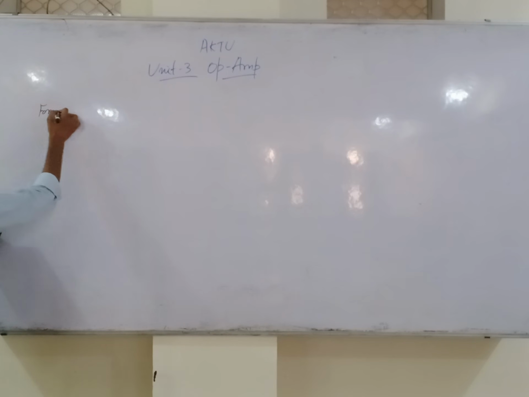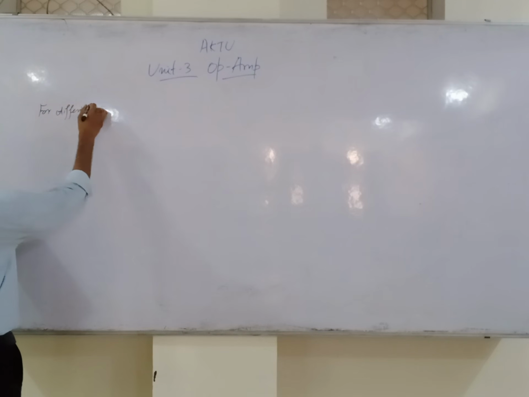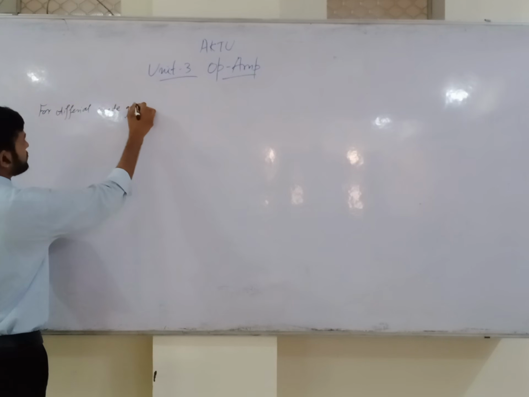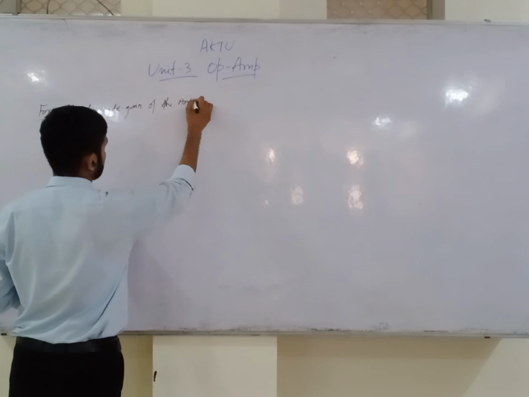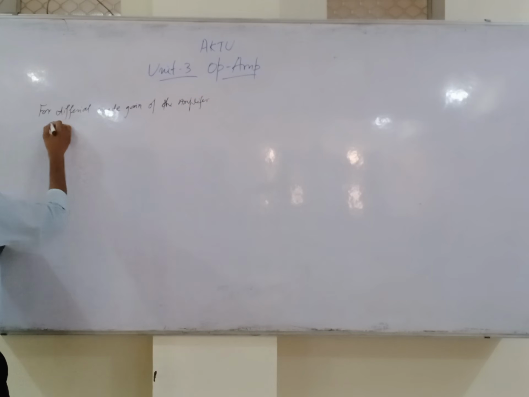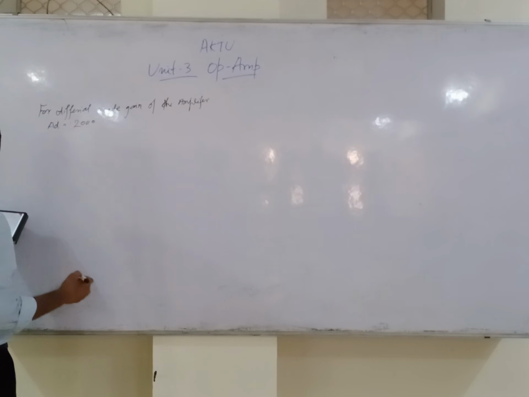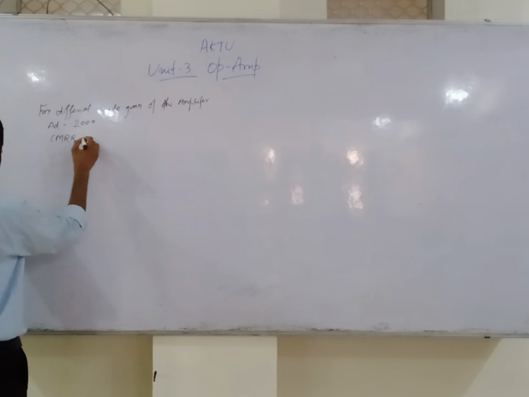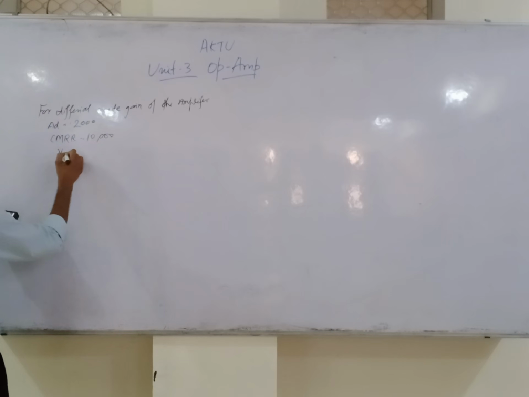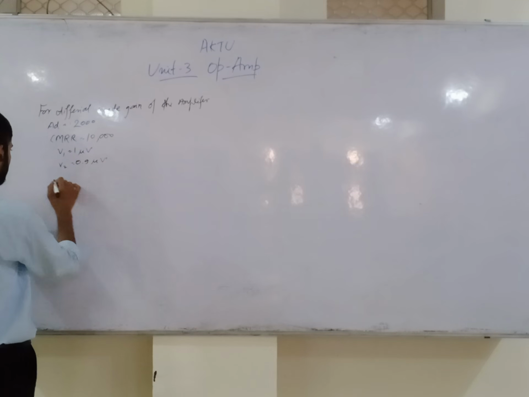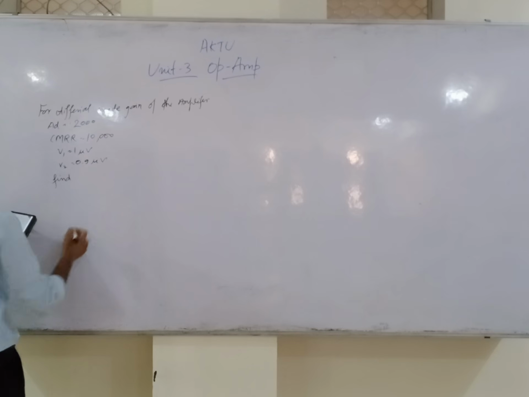The differential mode gain of the amplifier AD is equal to 2000, CMRR is equal to 10,000, V1 is equal to 1 microvolt, V2 is equal to 0.9 microvolt. Find the output voltage.